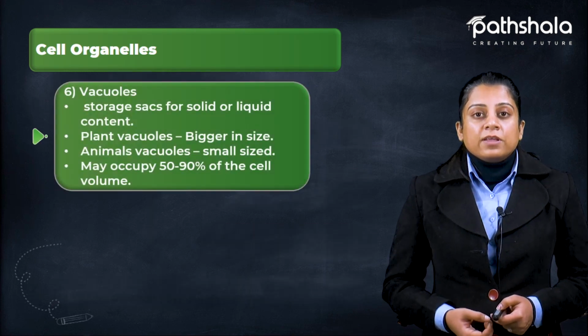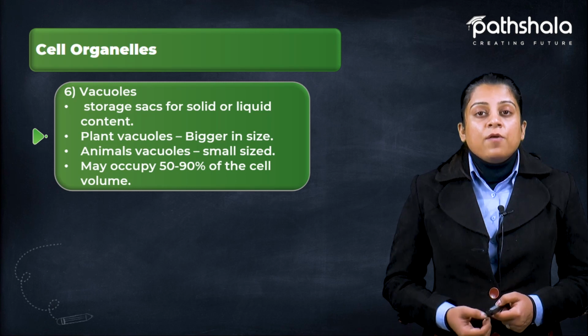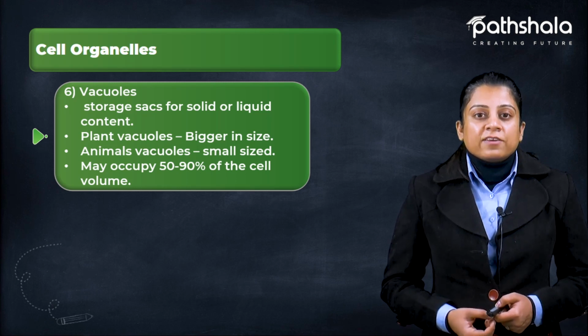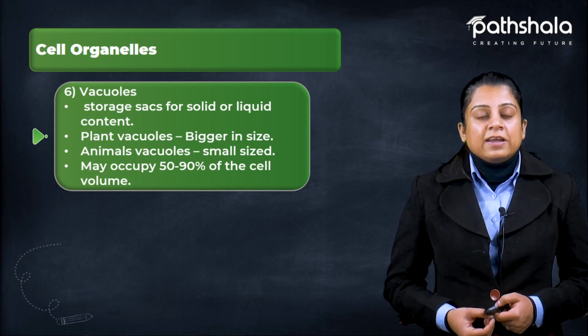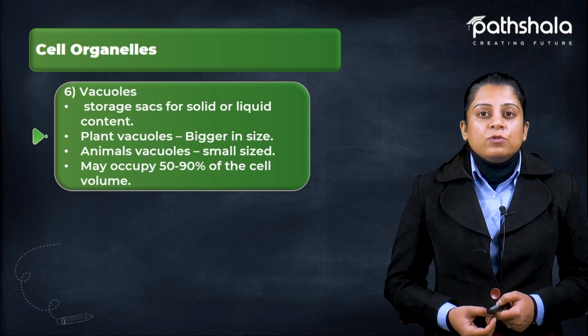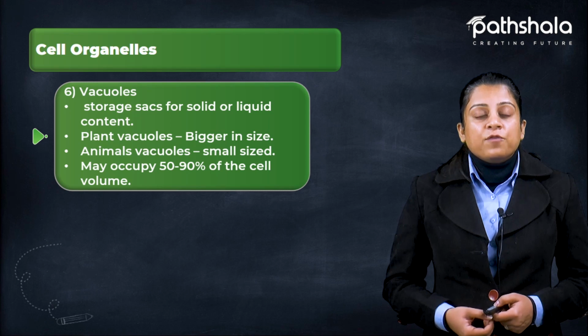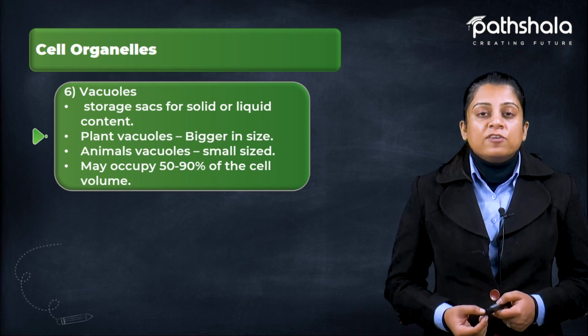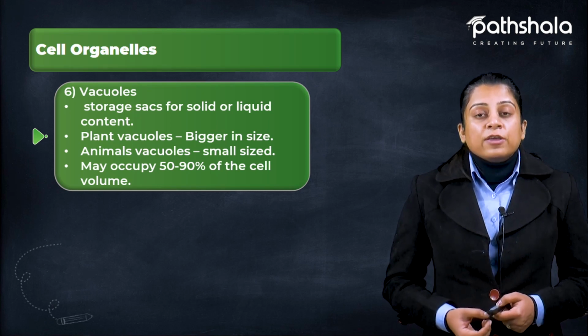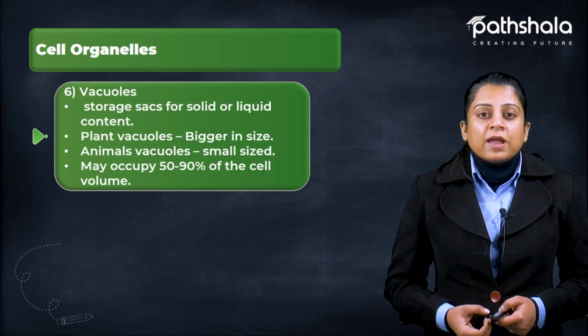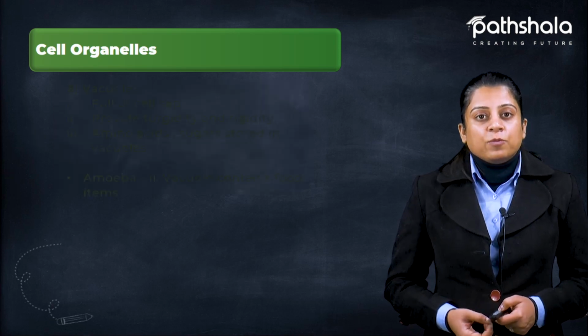The next cell organelles are vacuoles. Vacuoles are the storage sacs for solid or liquid content. In plants, vacuoles are generally bigger in size, whereas animal vacuoles are small sized. Vacuoles occupy 50 to 90% of the cell volume.